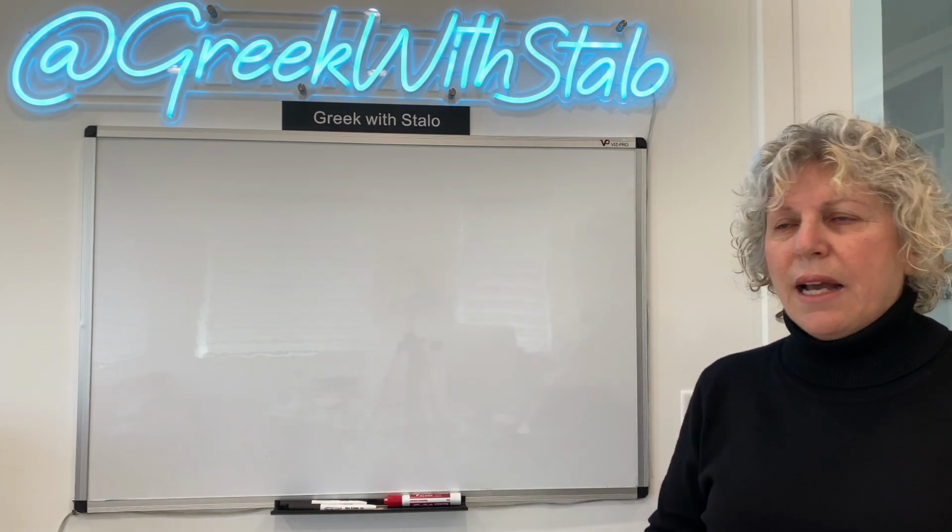Okay, so let's summarize what we learned today. We learned the indefinite article ένας, μια or μία and ένα.